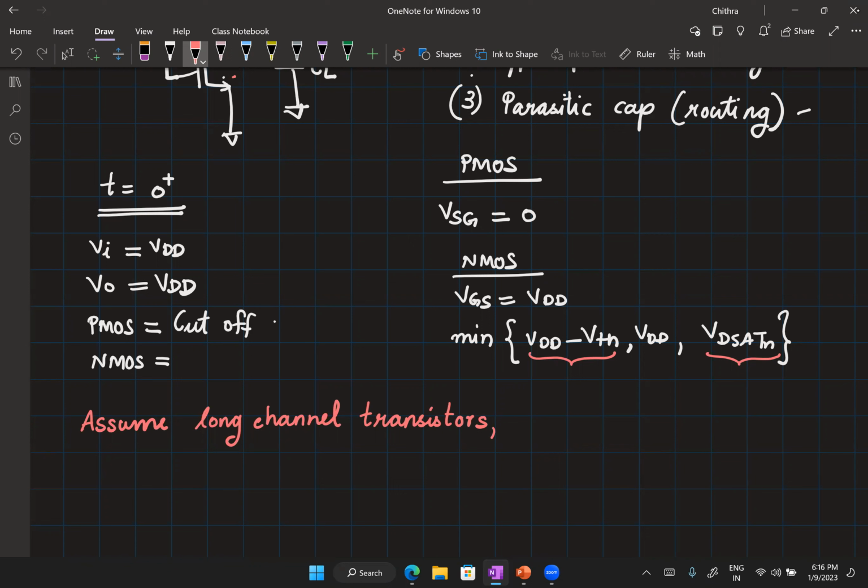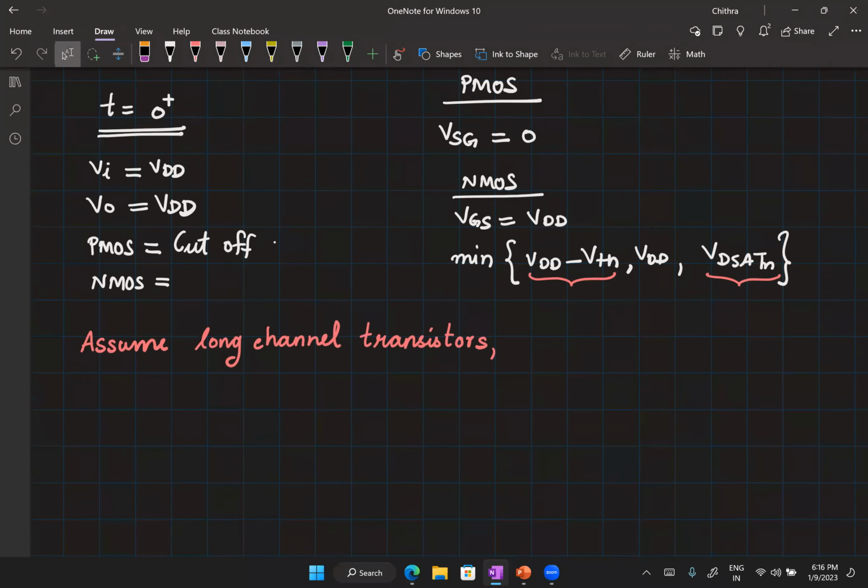So the method remains the same, but let's try with long channel transistors. So now what is the region of NMOS? Saturation. Pinch-off saturation.